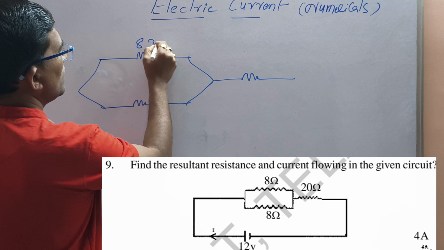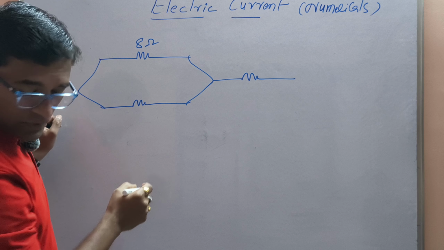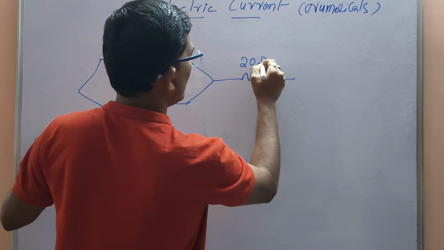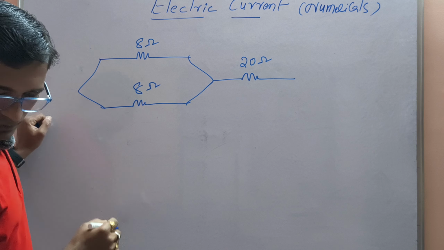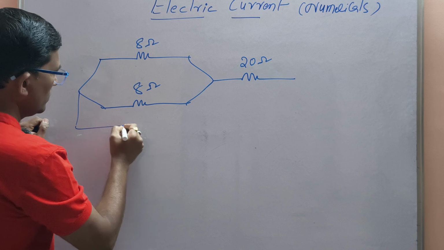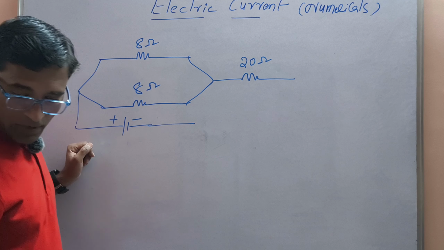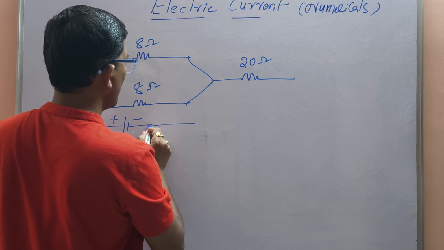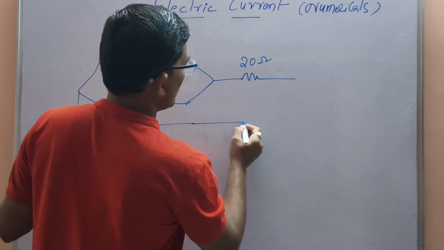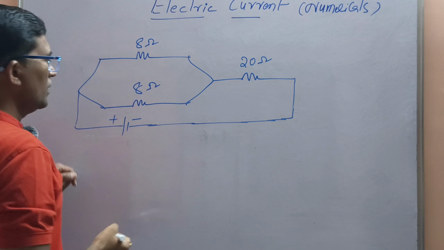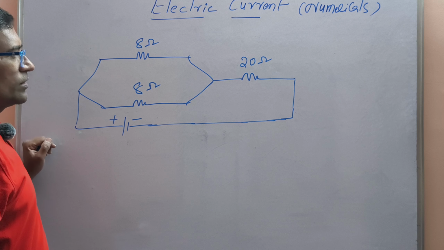This is 8 ohm, 8 ohm and 20 ohm, and it is connected to a cell. You do not need to use the switch. If you want, you can use a switch or a key, but we are following the question given in your textbook. According to that, we have drawn the diagram.